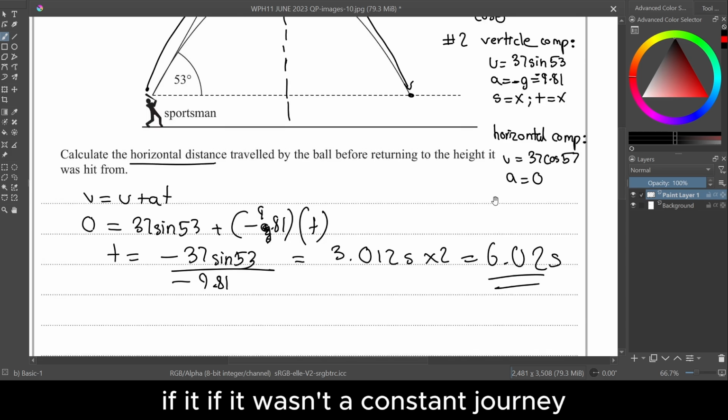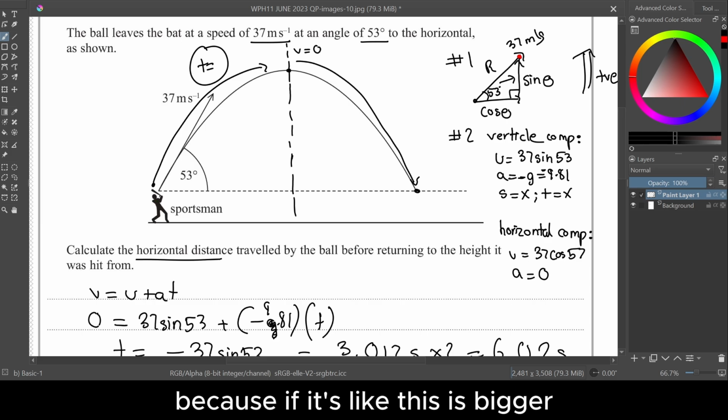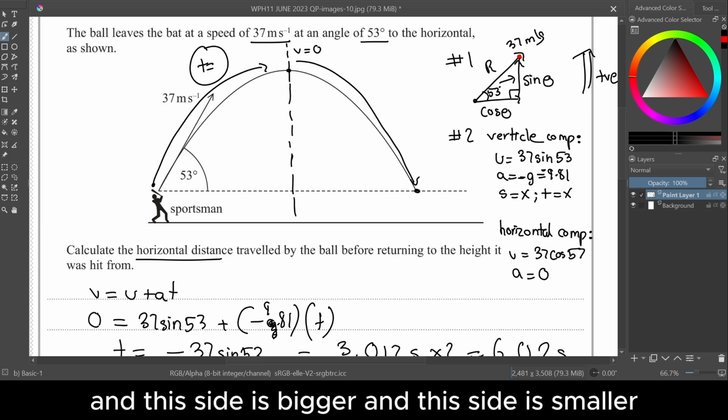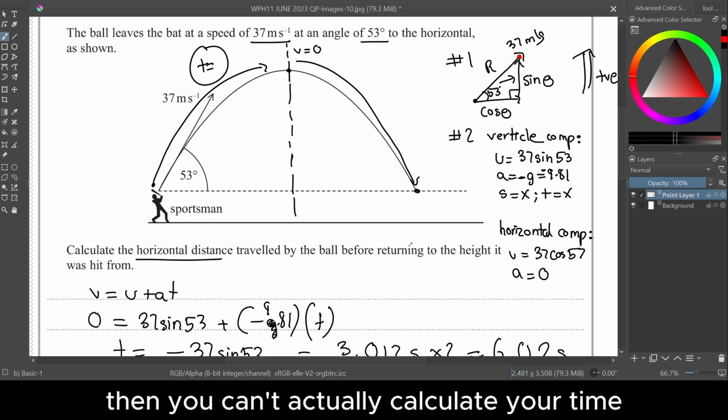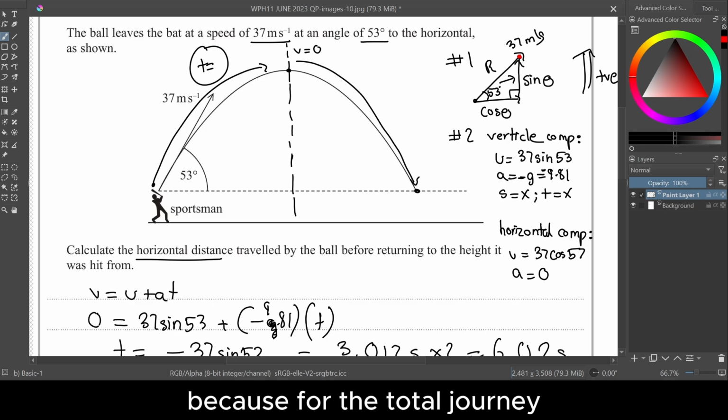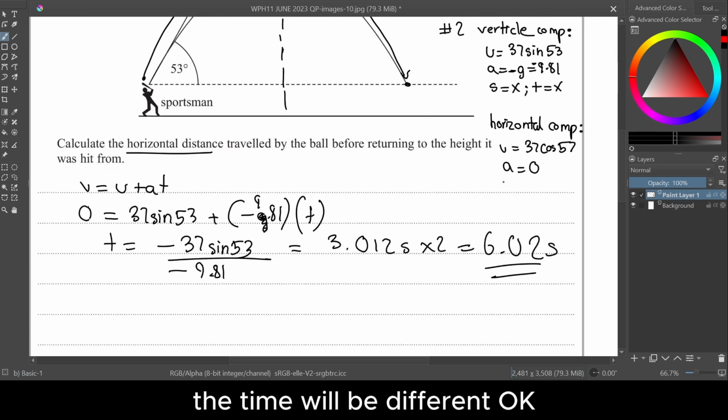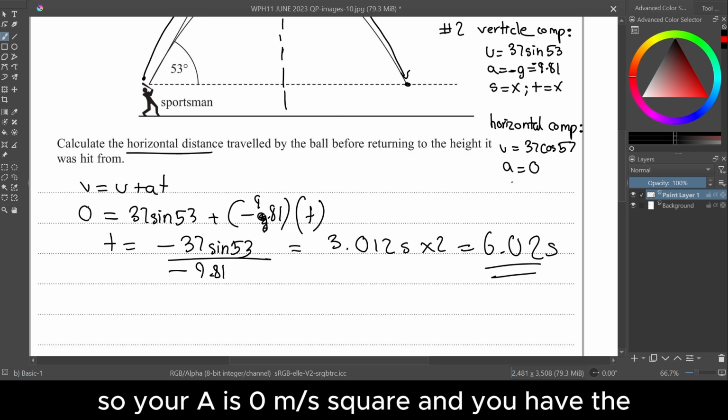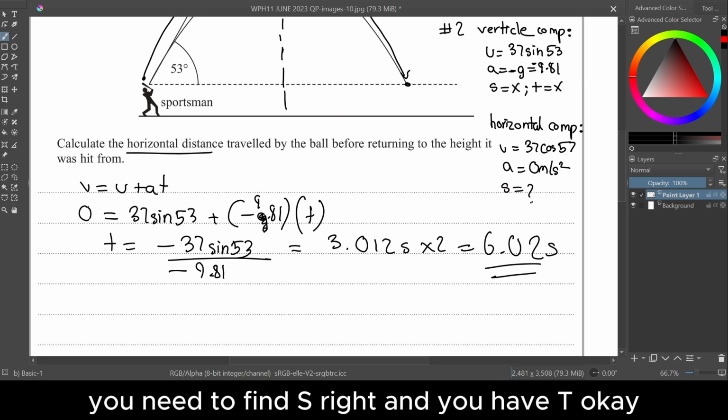If this side is bigger and this side is smaller, then you can't actually calculate your time, because for the total journey, the time will be different. So your a is 0 meters per second squared, and you need to find s.